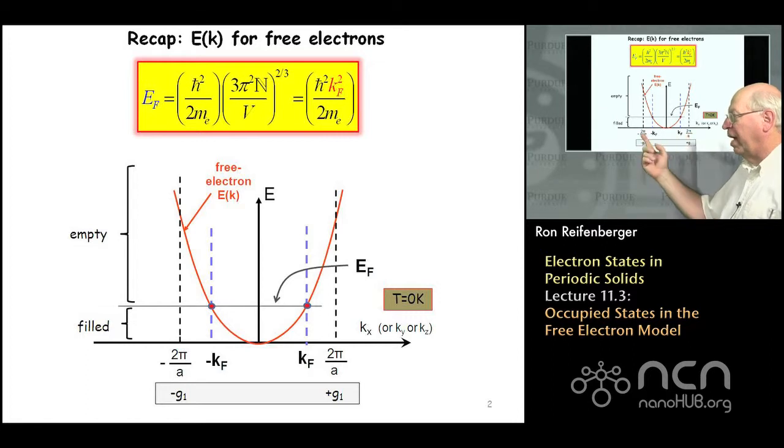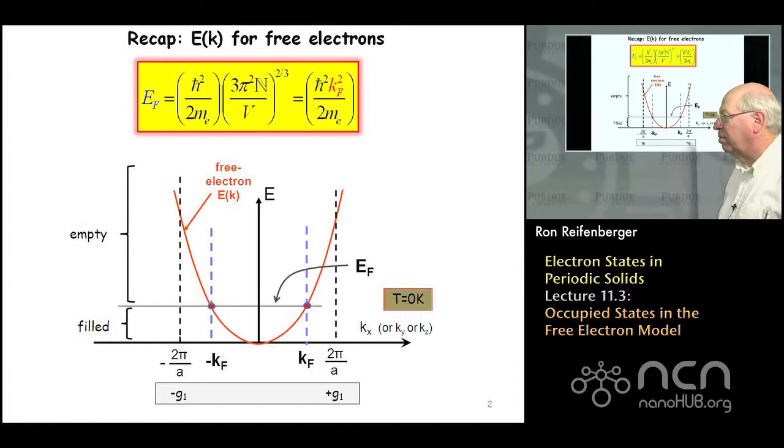It's 2 pi over a and minus 2 pi over a. Well, the plot is for kx, but it could as well be for ky or kz because this is now a three-dimensional problem. And the basic idea is all the states from E equals 0 up to this Fermi energy E sub F, those are all filled, and all the available states above E sub F are empty, right?